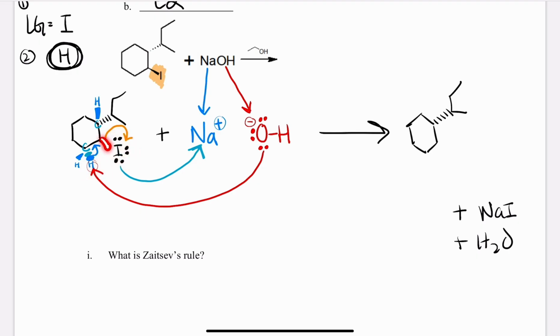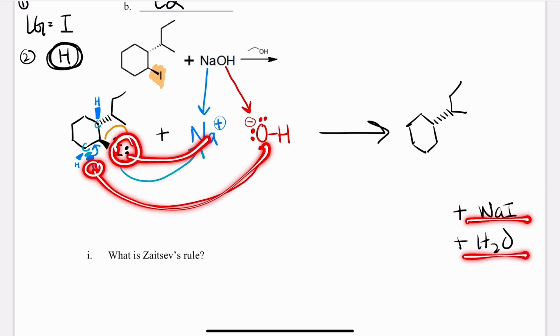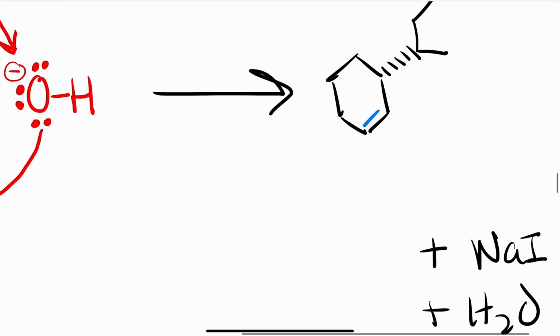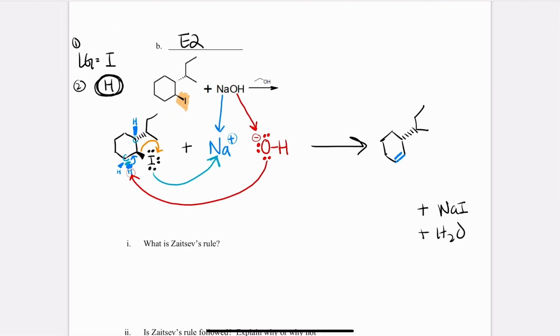Because right here and right here, these two carbons now have to share with each other because stuff they were connected to is now gone. This iodine went with sodium, this hydrogen went with this OH and created water. So now these two carbons, bam, are sharing electrons. So that's why they end up like that.